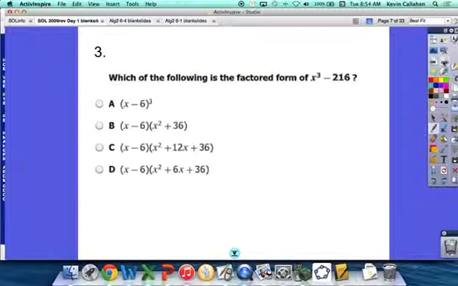Nobody likes to factor difference of cubes. But you know, in a way, you don't have to, do you? Just store a value for x and see what this equals.